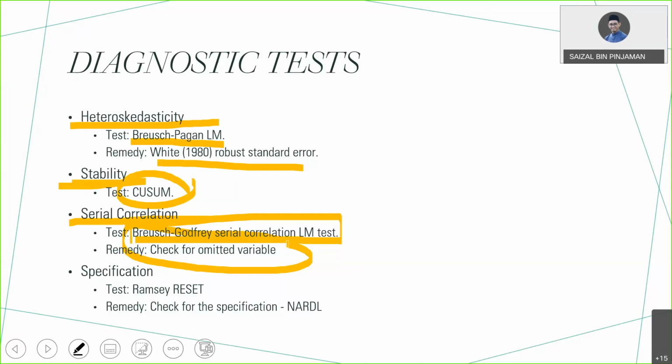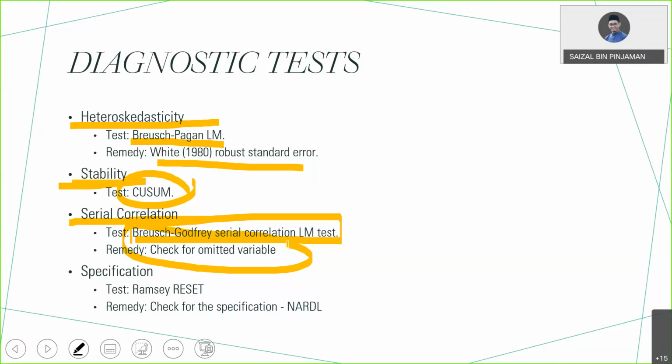One of the reasons why we have omitted variables is because our model failed to include the dynamic nature of the relationship between the dependent and the independent variables. Of course, it depends on the situation. You can refer either to theory or to the previous literature to identify the dynamic nature of the estimation.